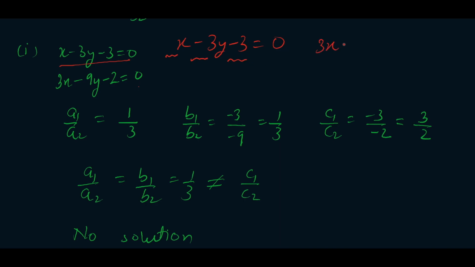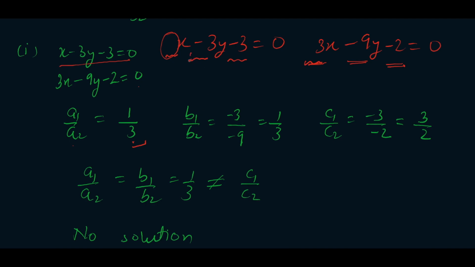Similarly, in the equation 3x minus 9y minus 2 equals to 0, our a2 is 3, b2 is minus 9 and c2 is minus 2. So we will see the ratios. a1 by a2 will give us the ratio 1 by 3.